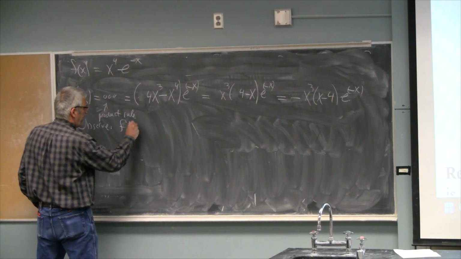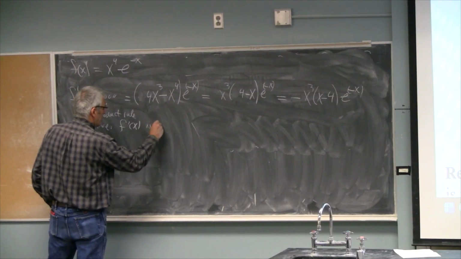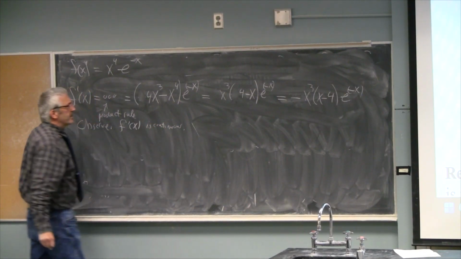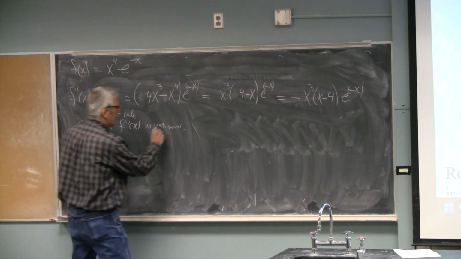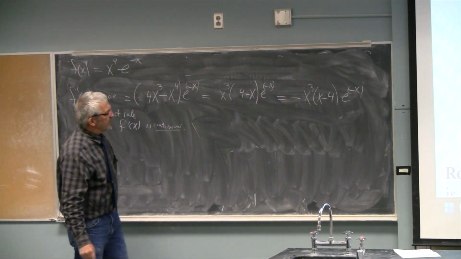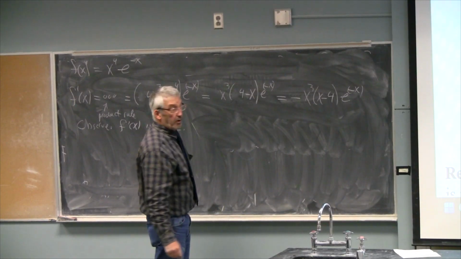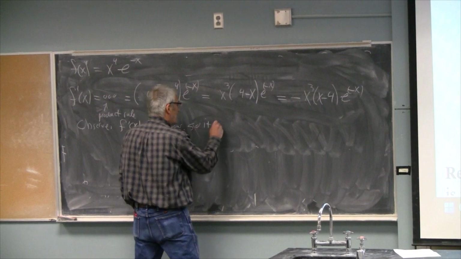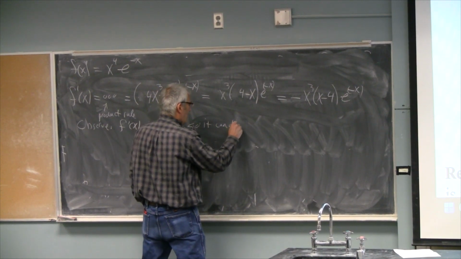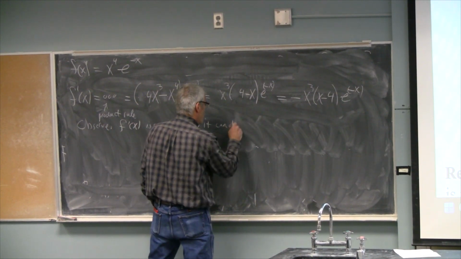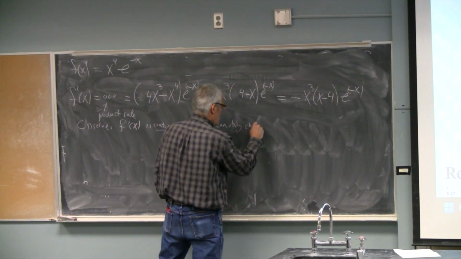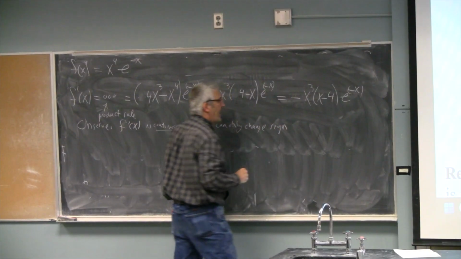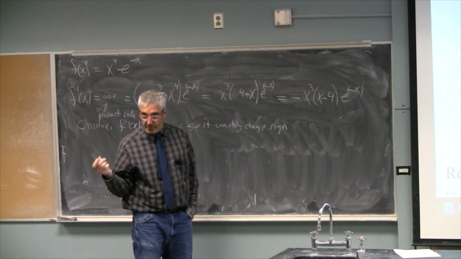So f prime of x is continuous, because it's just made up of basic functions being multiplied together, no funny stuff. There are no bad x values. And so it can only change sign at x values where it touches the x-axis.